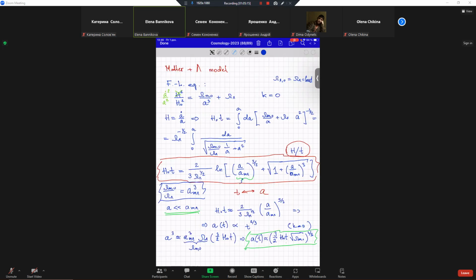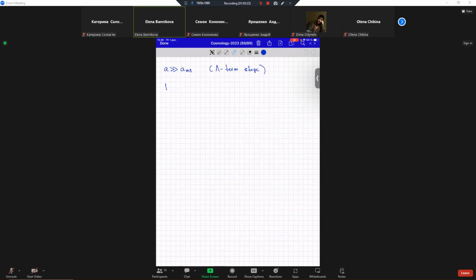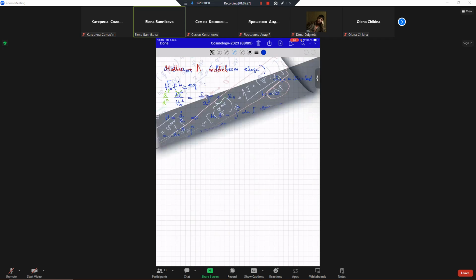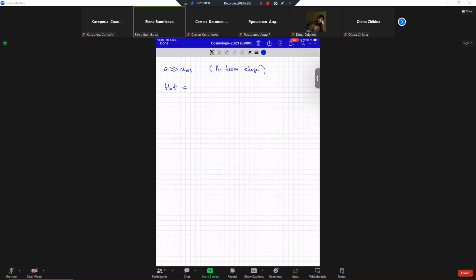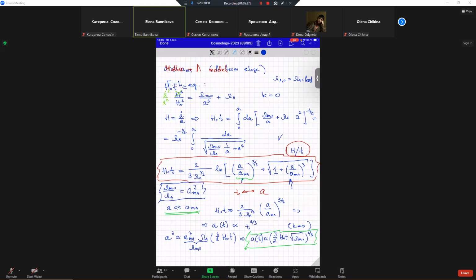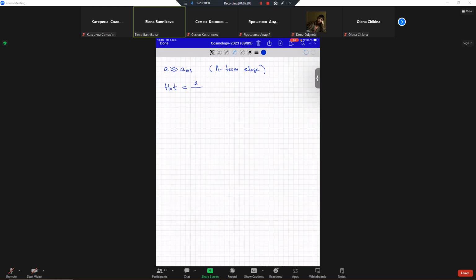So we look at this expression, and I can write that H0 t equals, on this expression, 2 divided by 3 square root omega_Λ.